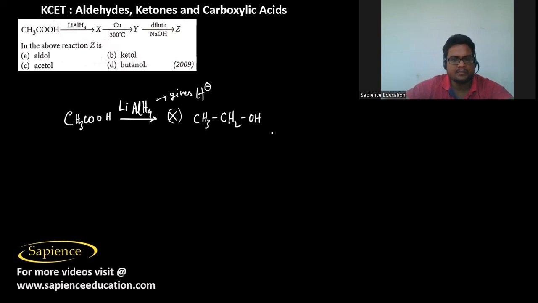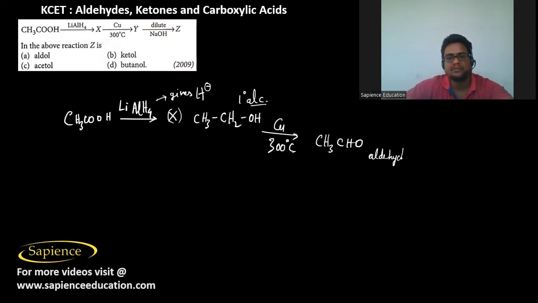Then it will react with copper at 300 degrees Celsius. Then it will produce CH3CHO. Why? From a 1 degree alcohol we will obtain the aldehyde. Aldehyde will be formed.